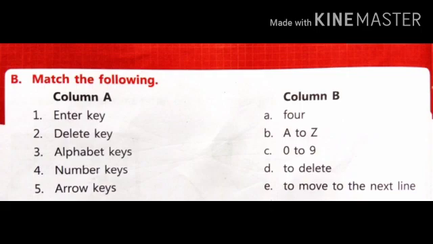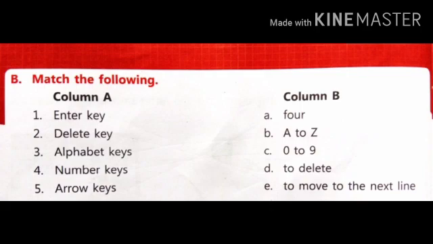In column B, the options are 4, A to Z, 0 to 9, to delete and to move to the next line. So, what we have to do? We have to match from column A to the options in column B.